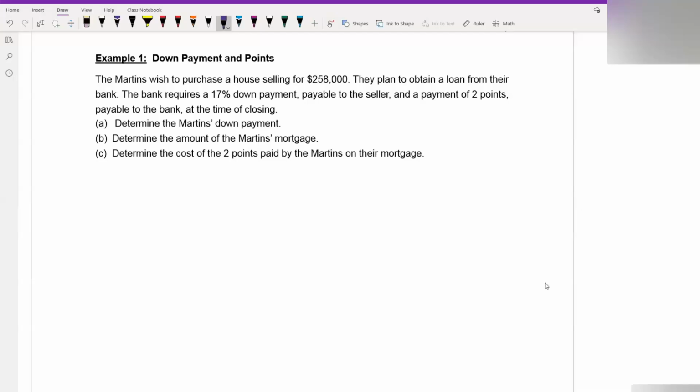Part A, determine the mortgage down payment. So it's 17%. We have to multiply by purchase price, $258,000. So part A, down payment is, it's better to have 20% if you're planning to have down payment.